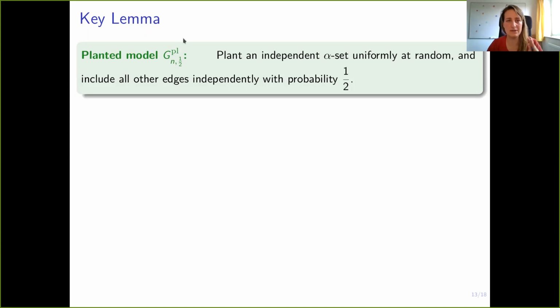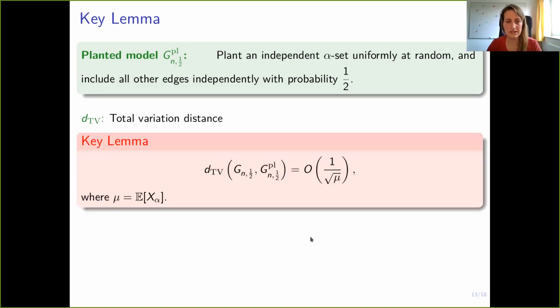Okay, and now the key lemma is that the total variation distance between this planted model and the normal G(n, 1/2) is of order 1 over root mu, where mu is the expected number of alpha sets. On the next slide, I'm actually going to define the total variation distance if you don't already know what that is.